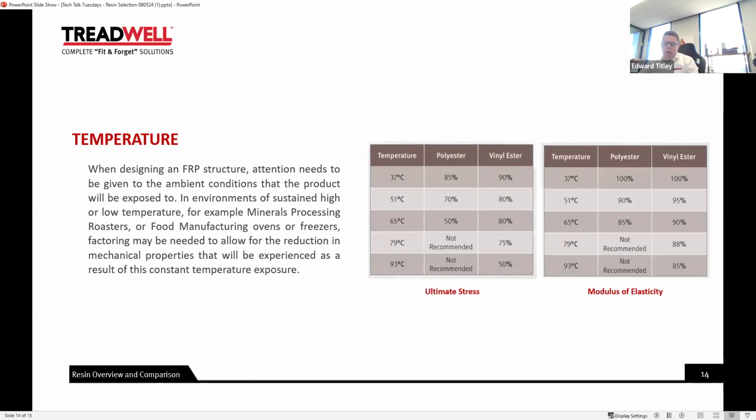So we can see that there's a reduction in those factors for both products, but you'll note that the vinyl ester product maintains its properties for a lot longer, or to a lot higher temperature. Happy to always discuss, obviously on project-specific bases, if that's a word.